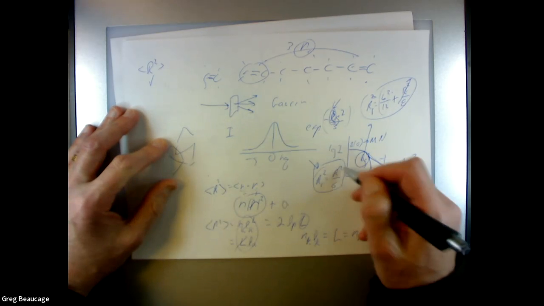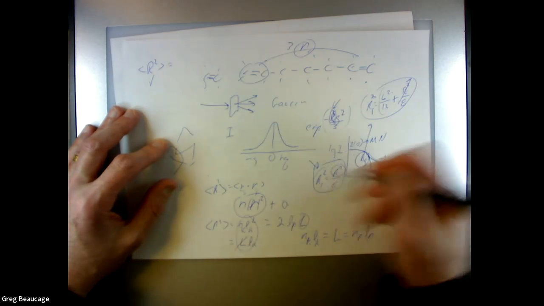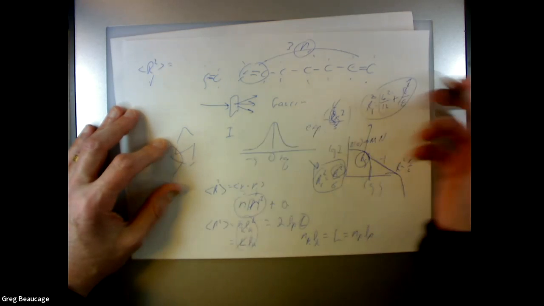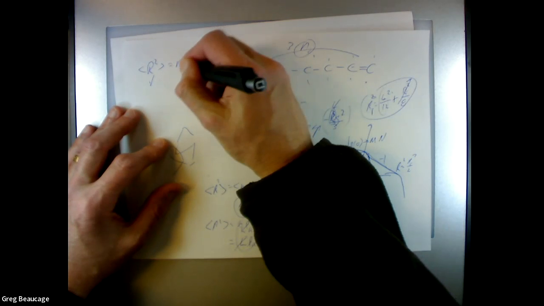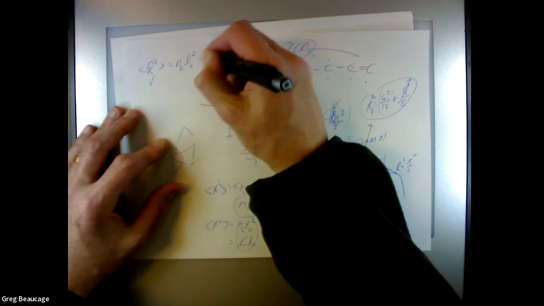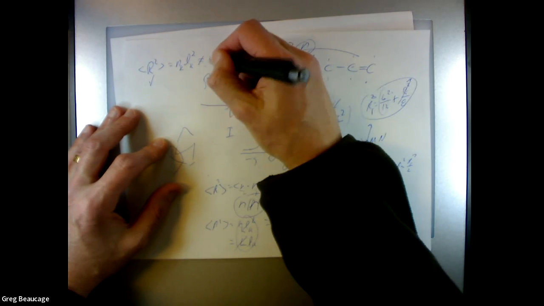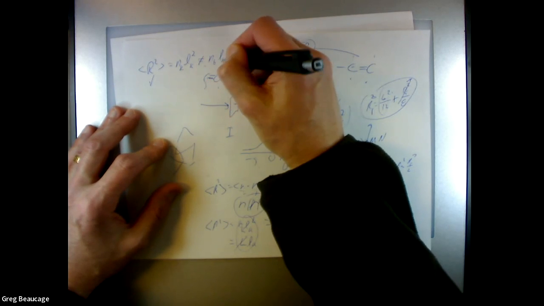So if you can get R squared, and if it's going to be Gaussian, it's going to be this Kuhn thing. That doesn't equal the number of bonds times the bond length squared. There's a number that relates those two.